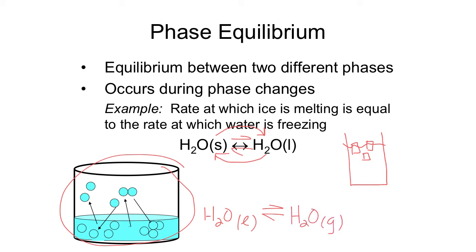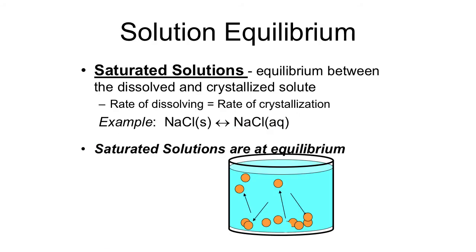So every time you get a molecule evaporating, a new molecule condenses. So you'd be keeping the same amount of water and the same amount of molecules in the gas phase. So this would occur at 100 degrees Celsius. This equilibrium between water and ice would occur at 0 degrees Celsius, assuming that we're at standard temperature, standard pressure.